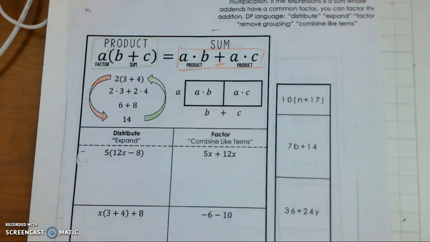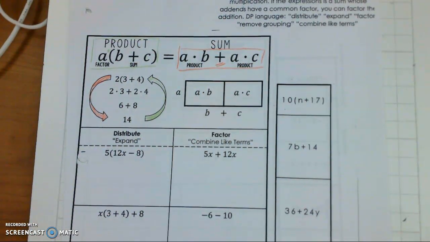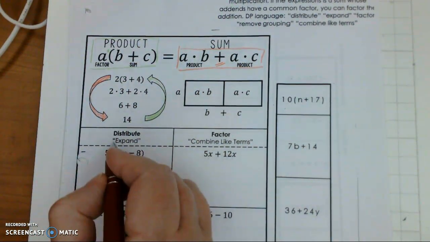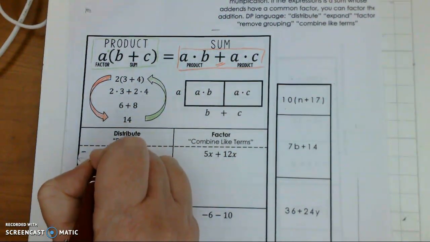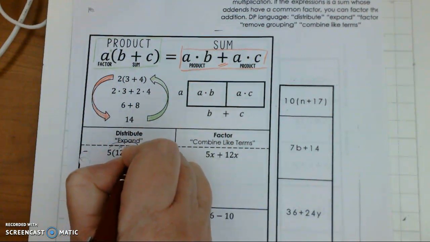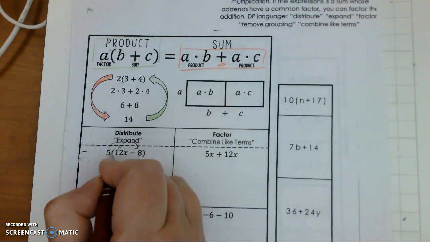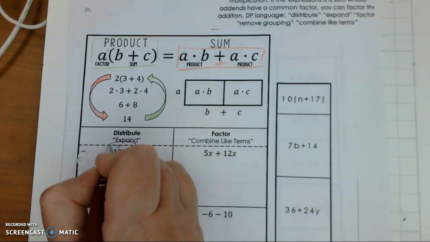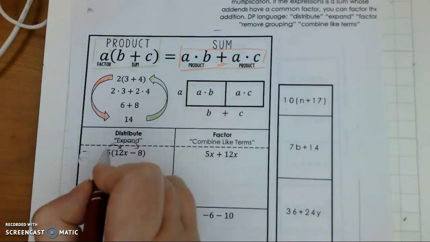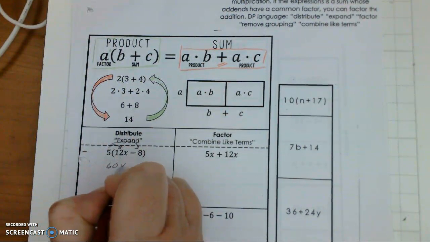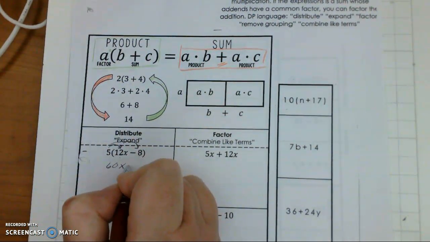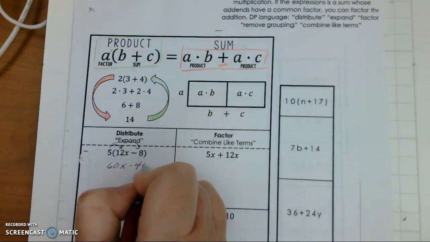Now we're going to make equivalent expressions. Expanding, or distributing, is what we're used to. So 5 times 12x and 5 times 8. I'm used to making arrows; it helps me know what to do. 5 times 12 is 60x, and 5 times 8 is 40.